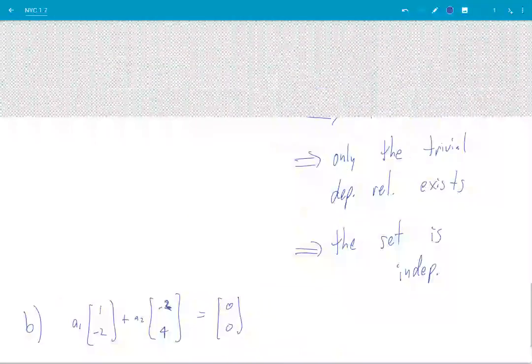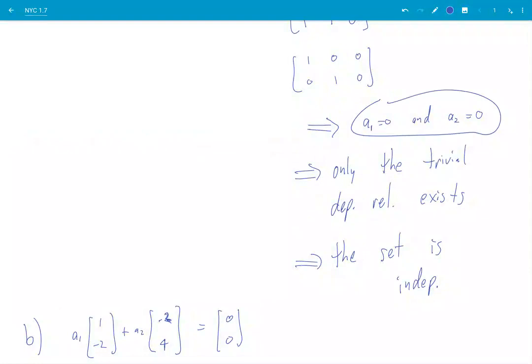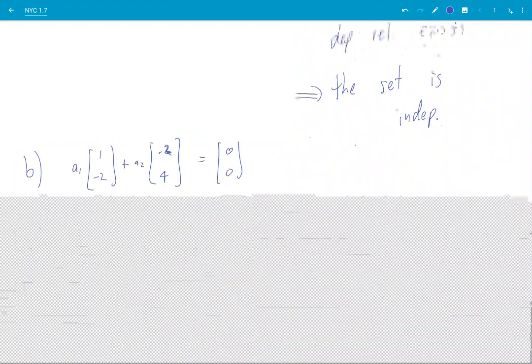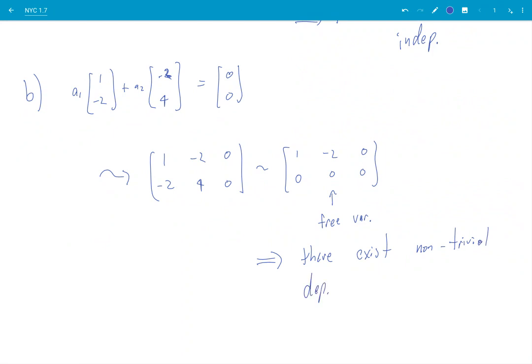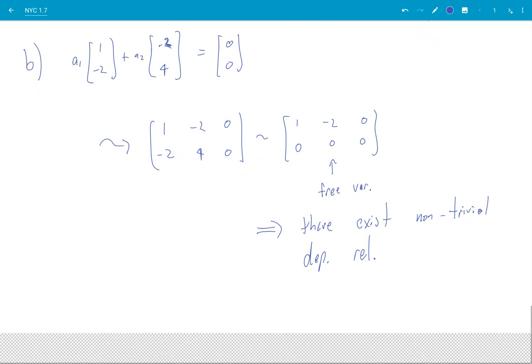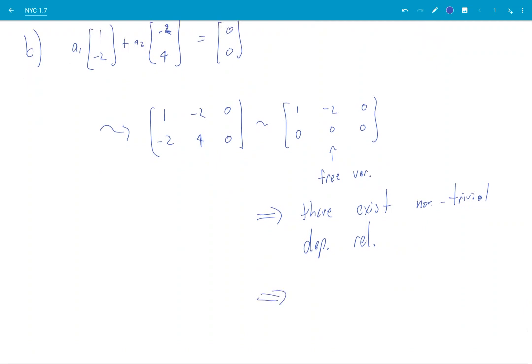So very different than part A. This tells us that therefore there exist non-trivial dependence relations. Therefore, the set is dependent.